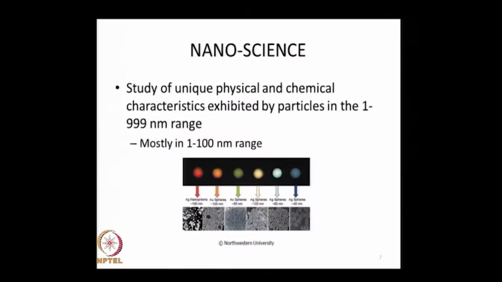And you can see some examples of nanomaterials here: silver, gold, spheres and prisms and so on. You can see that there are some distinct size and shape characteristics associated with nanoparticles as well as color. So, these are some of the unique properties of nanoparticles that we try to exploit in nanotechnology.